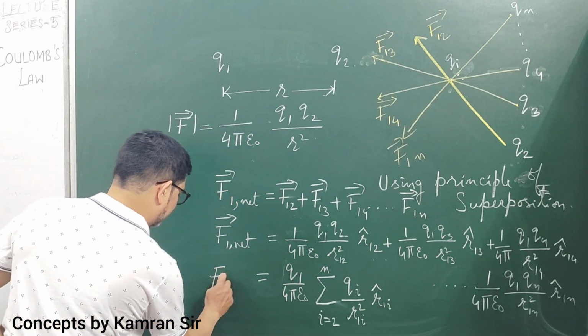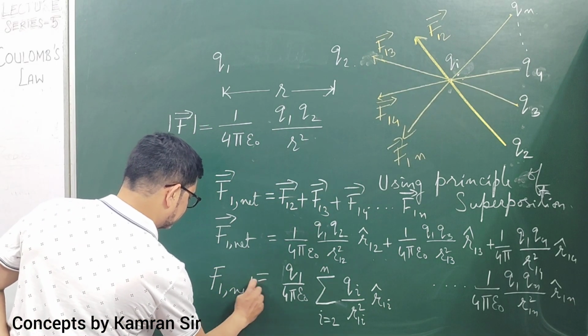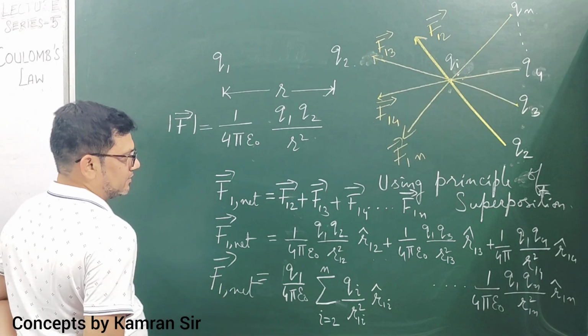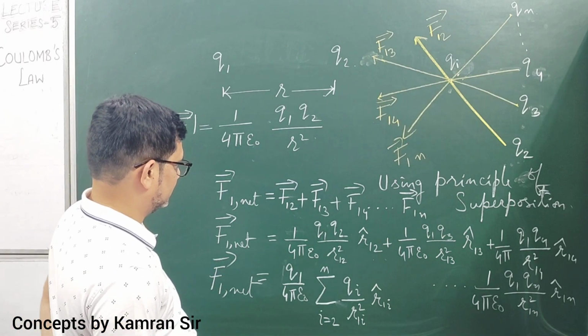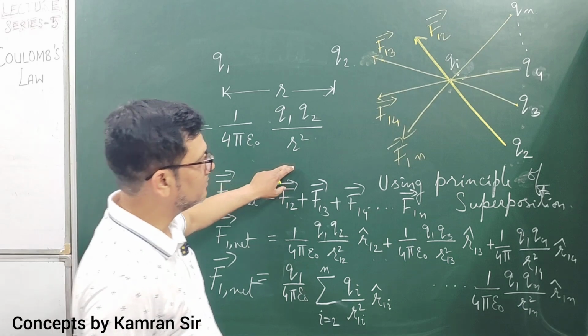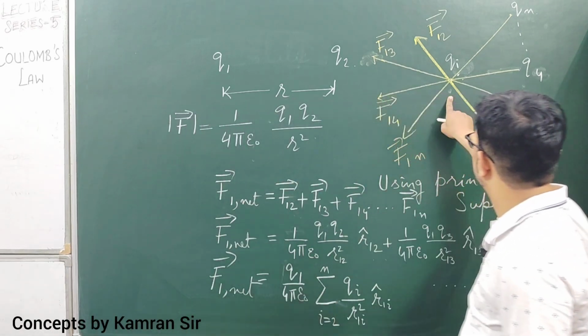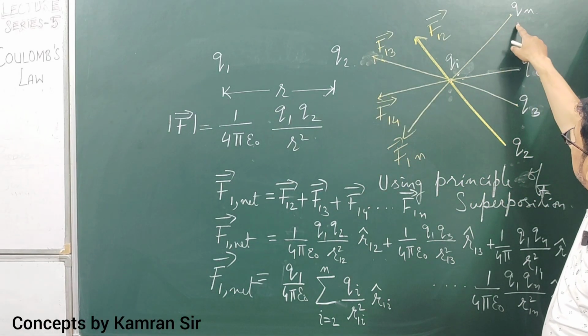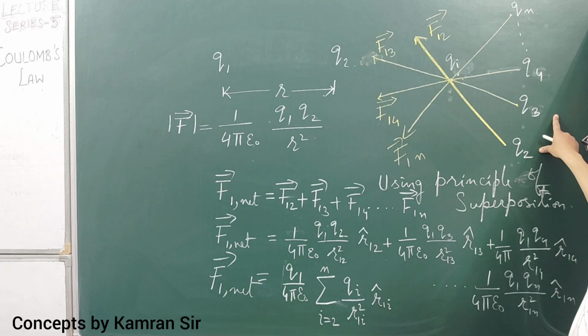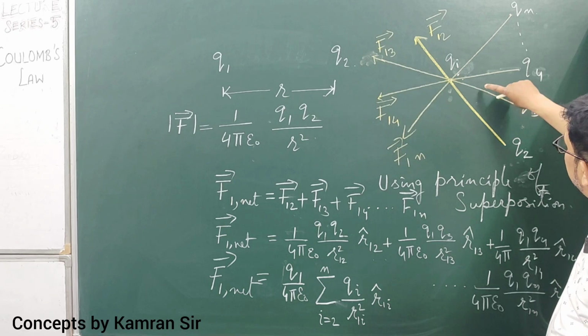So this is how we can represent F1 net using the principle of superposition. We understood from this principle that if there are a number of charges, they interact independently.